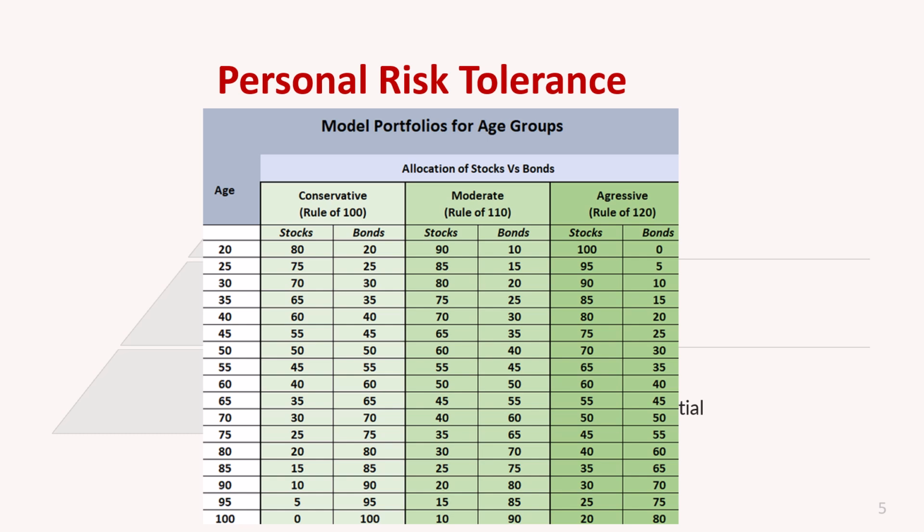We call this the rule of 100, rule of 110. So if you're conservative, what you do is you take your age and subtract it from 100. So for example, if you're 30 years old and you're conservative, you will want 70% in stocks, and the remainder of that would be 30% in bonds. And you can see the difference if you're aggressive. That would be 90 and 10.